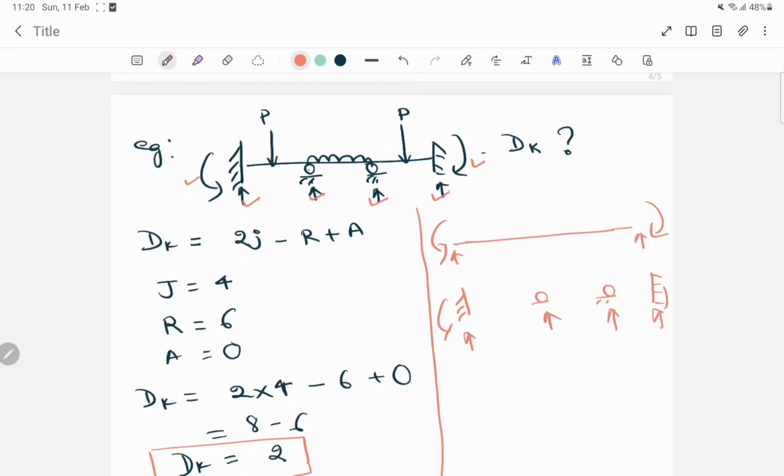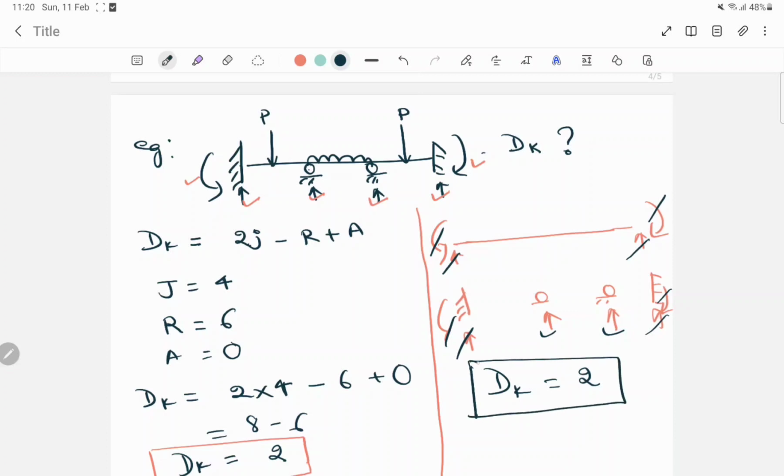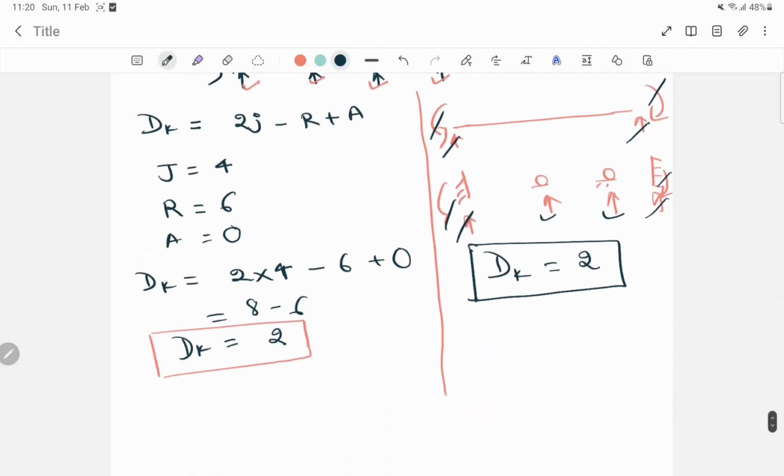So what will happen here, this to this and this will get cancelled, this and this and this and this will cancel out. So here only 1, 2, so here the dk value will be 2. So see, this is the alternative way of finding the dk value here.